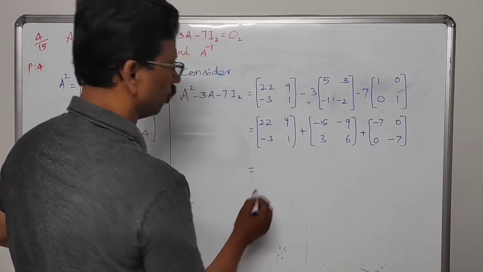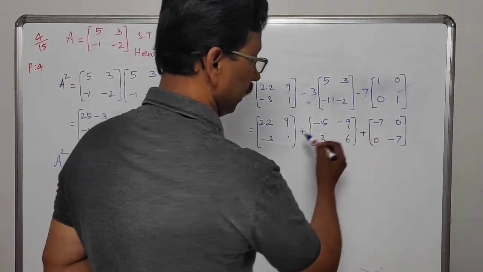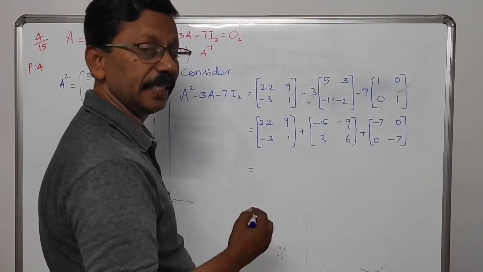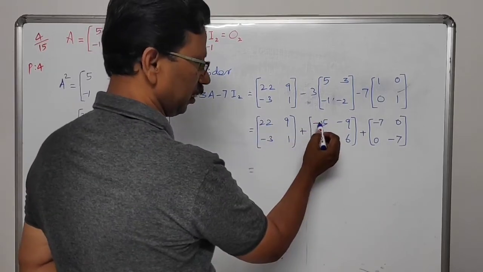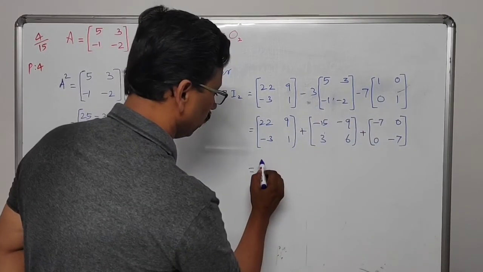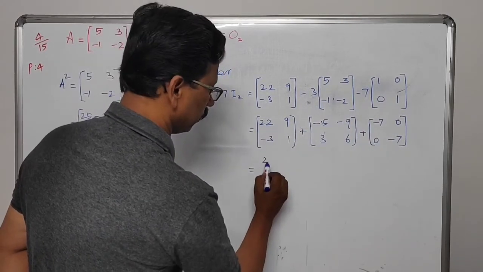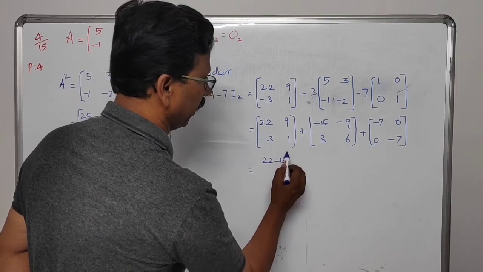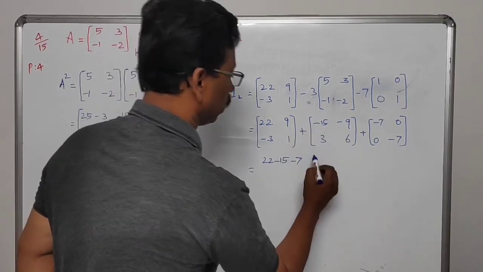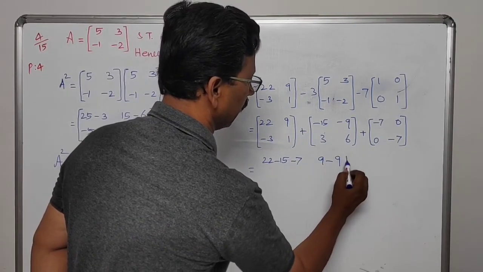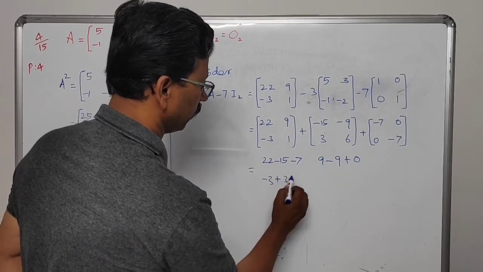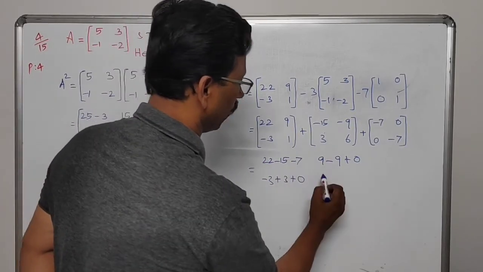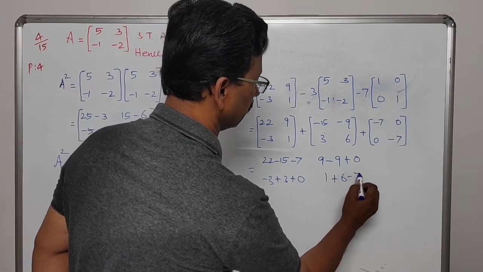Now which is equal to, we can add the matrices, which means I have to add their corresponding elements. That is 22 minus 15 minus 7. The next one 9 minus 9 plus 0. Next one minus 3 plus 3 plus 0. Next one 1 plus 6 minus 7.